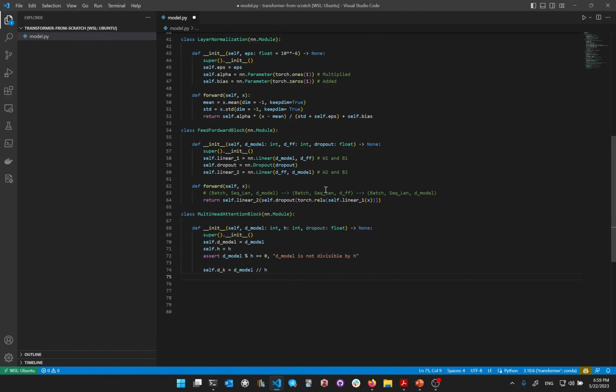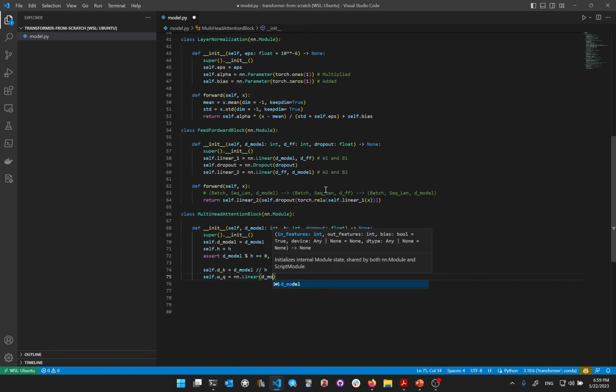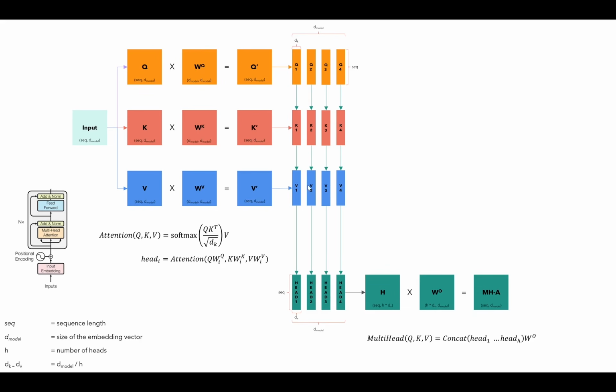Okay, let's also define the matrices by which we will multiply the query, the key, and the values, and also the output matrix WO. So this again is a linear, so from D model to D model. Why from D model to D model? Because as you can see from my slides, this is D model by D model, so that the output will be sequence by D model.